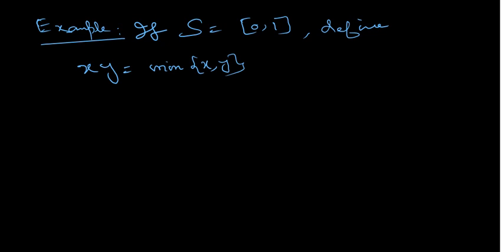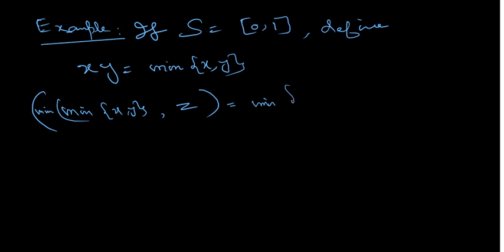It is also associative: the minimum of (minimum of x and y) and z is the same as the minimum of x and (minimum of y and z), which can be easily verified. So (xy)z is equal to x(yz).